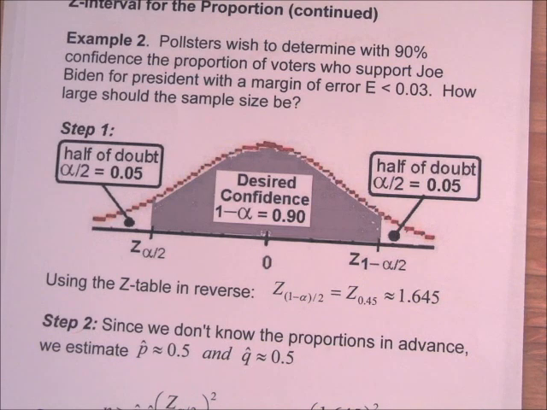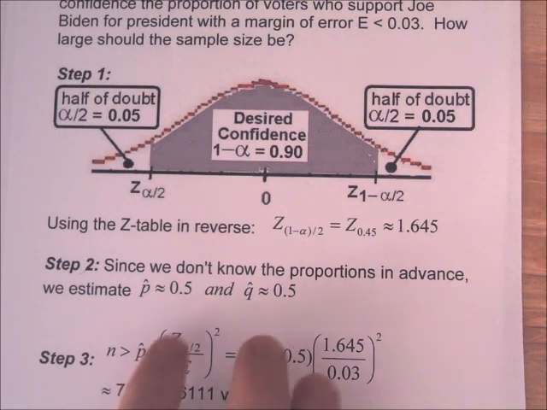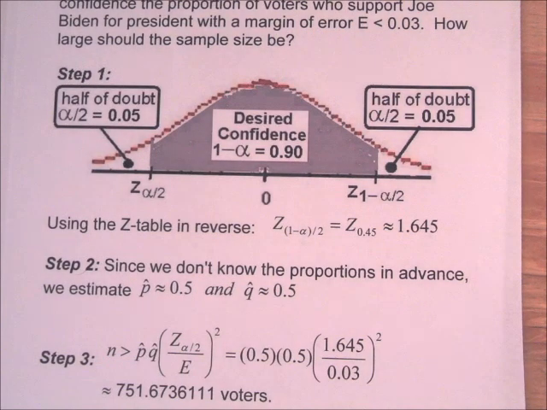Since we don't know the sample proportions in advance, we're going to estimate p hat to be 0.5 and q hat to be 0.5. That'll give us a little bit of an overestimate, if anything. It's probably better to overestimate the number of your sample size rather than underestimate.